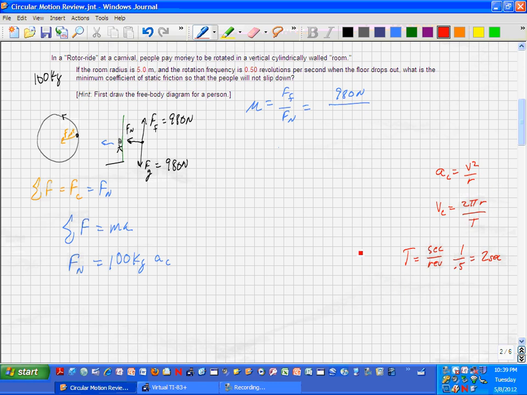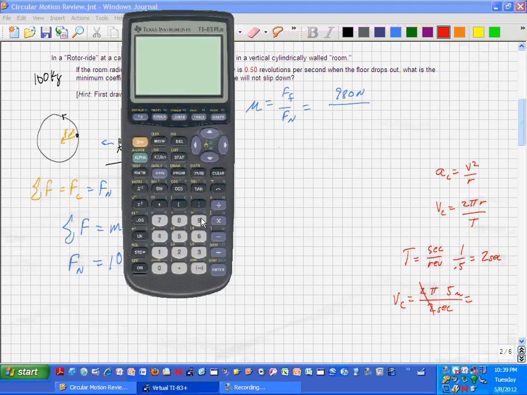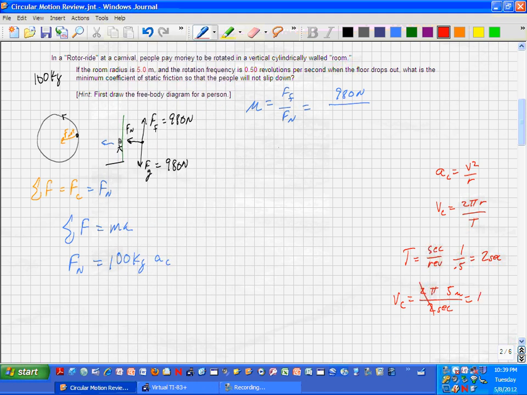So that means that velocity circular is going to be 2 times pi times 5 meters over 2 seconds. Those 2's cancel out. I get pi times 5, which is 15.7 meters per second.